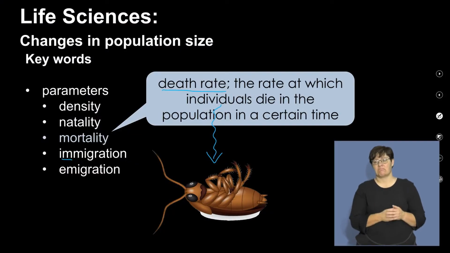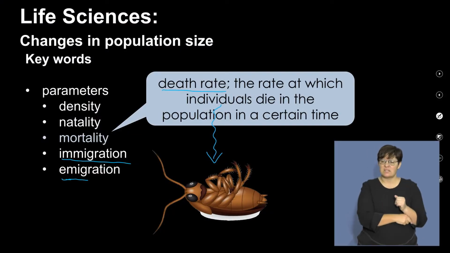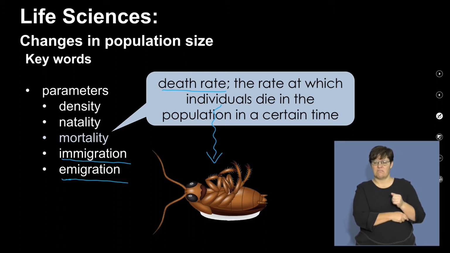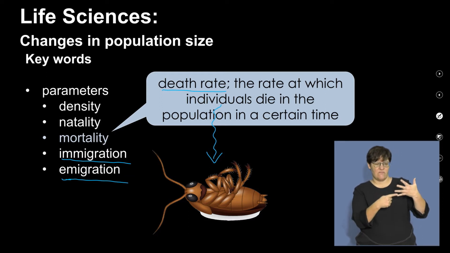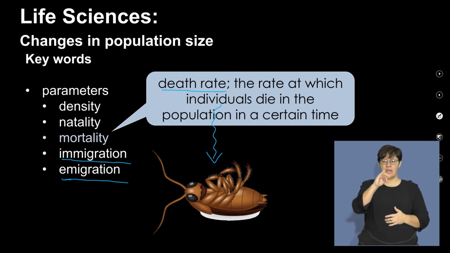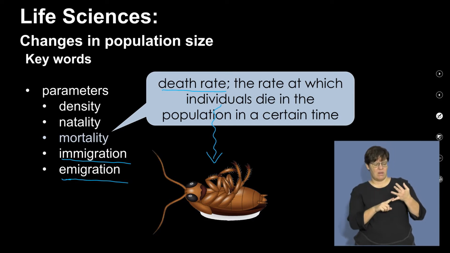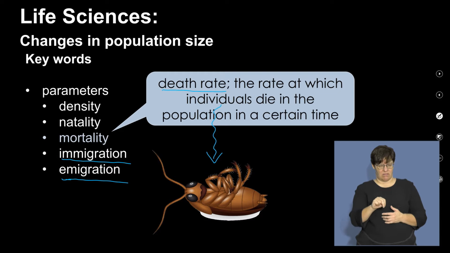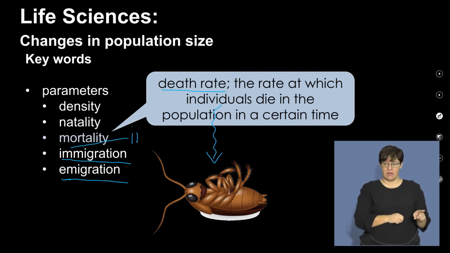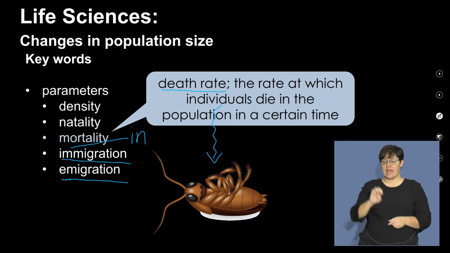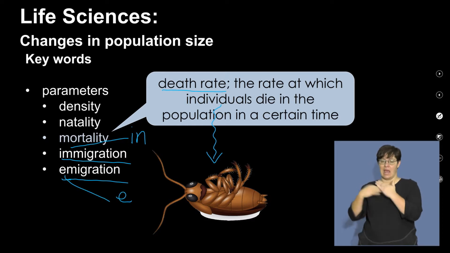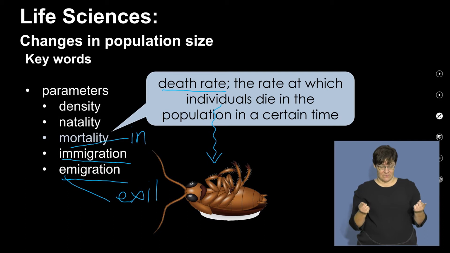What about these two terms that look pretty similar? Immigration and emigration. Let's explore these terms. I want you to think about immigration as being "in" and emigration as being "exit".